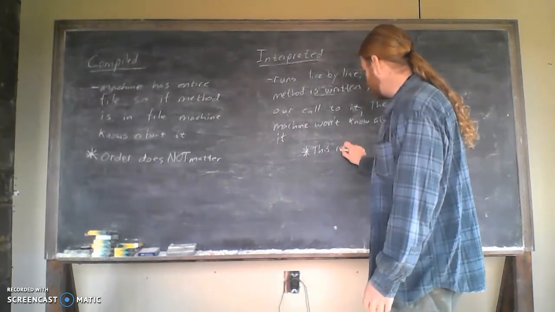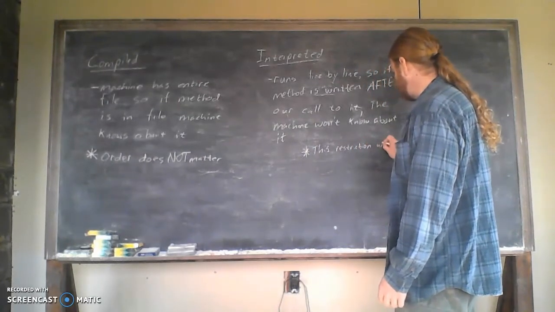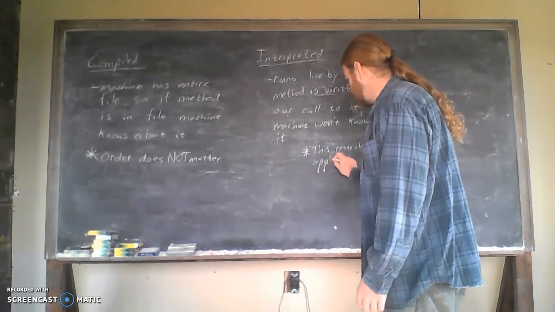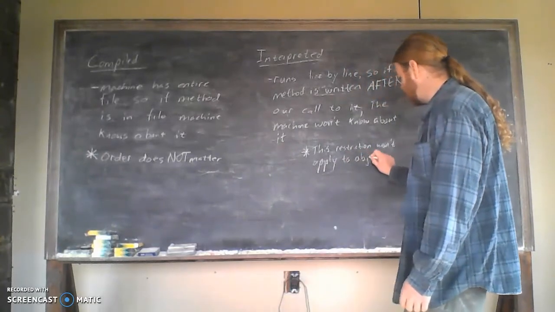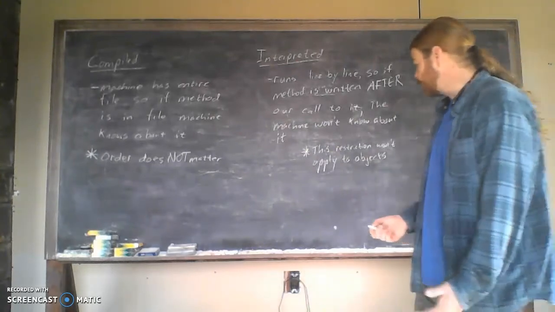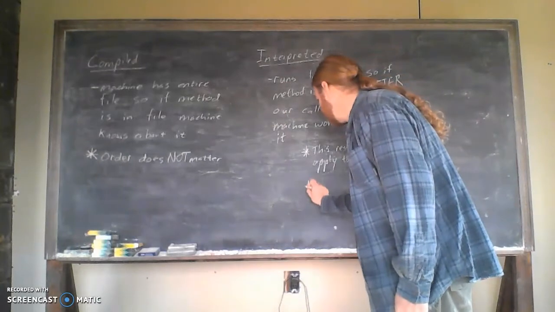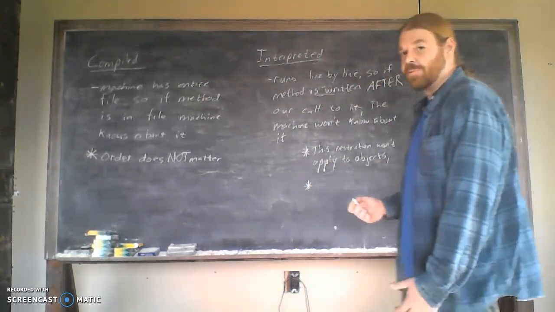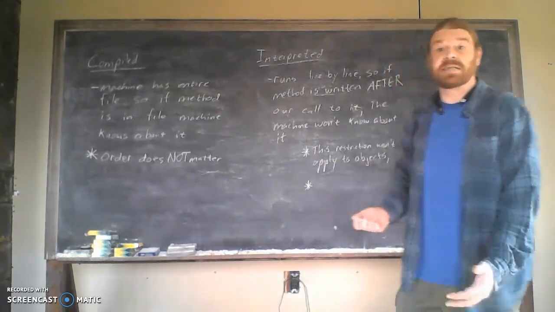This restriction won't apply in objects, and there is a quick workaround we'll see at the end, right before we jump into examples. And we'll see it in one of the examples.